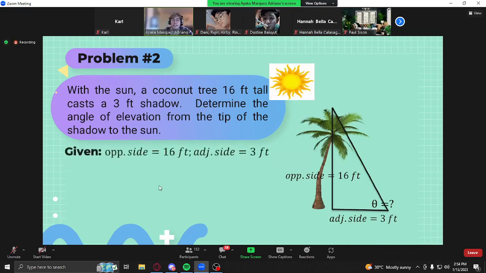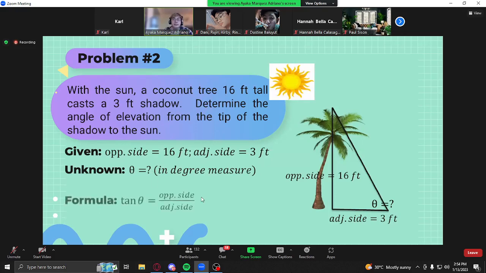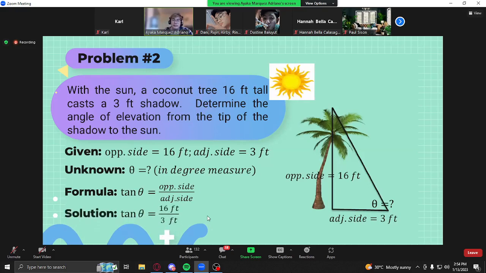So again, the given are opposite side is 16 feet and the adjacent side is 3 feet. Our unknown is theta in degree measure. So our formula is tangent theta is equal to opposite side over the adjacent side. So we have tangent theta is equal to 16 feet over 3.